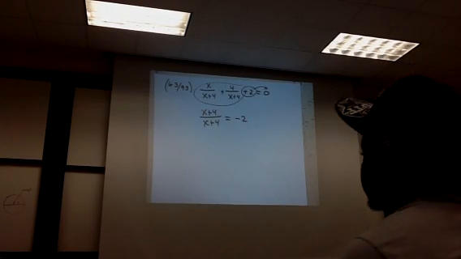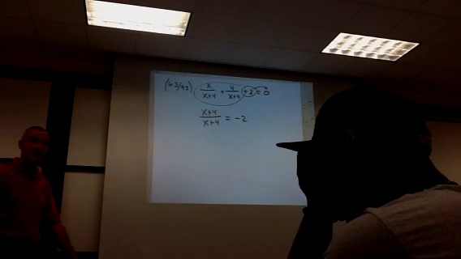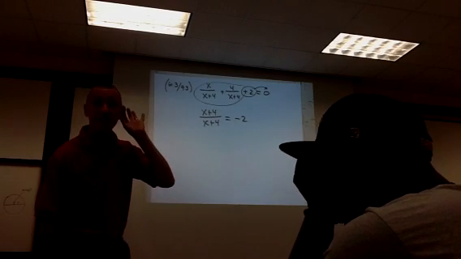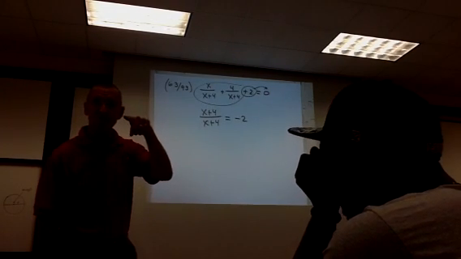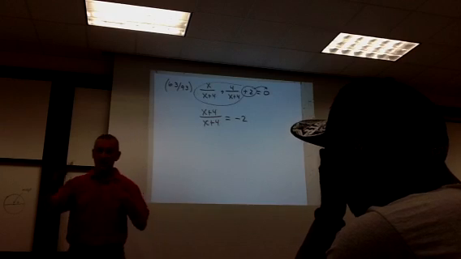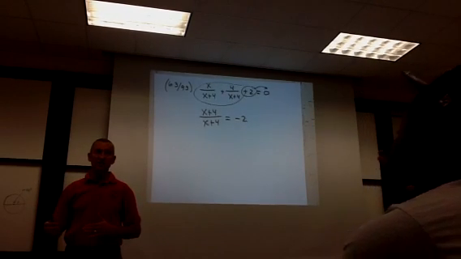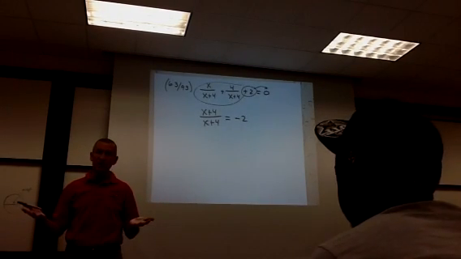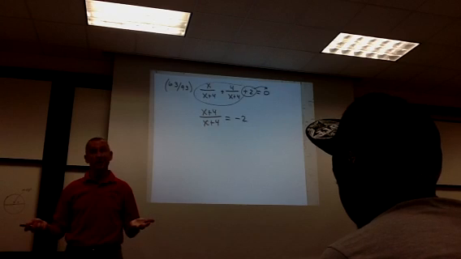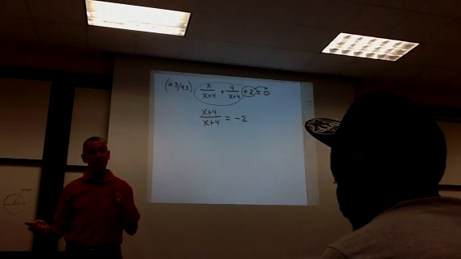X cannot equal -4. Thank you. Did y'all remember that? If I got a fraction, I have to ask myself the question, is there something that would make the denominator 0? Yeah. -4 would make the denominator 0.